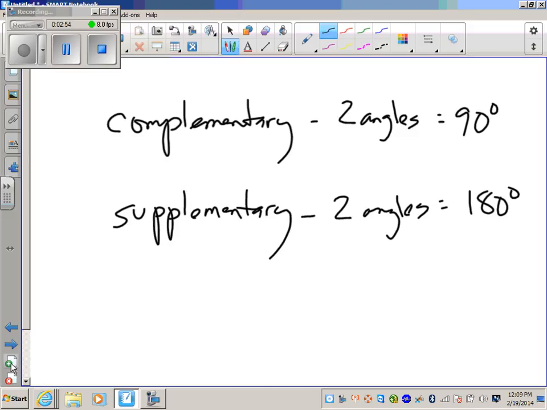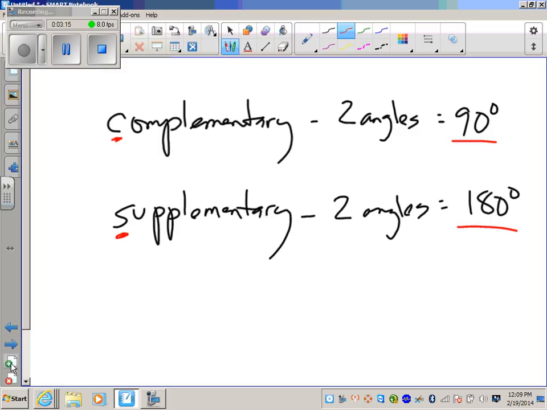Mia, do you remember? Just focus on the first letter. C comes before S in the alphabet. 90 comes before 180 when you're talking in terms of numbers. That's how I always try to remember it. It's a real simple way to remember the difference between the two.